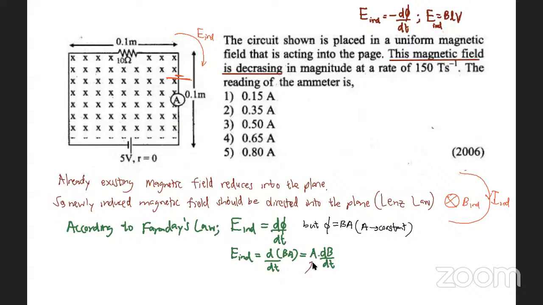A is the area of the conductor inside the magnetic field. And dB over dt is given to us in the question.